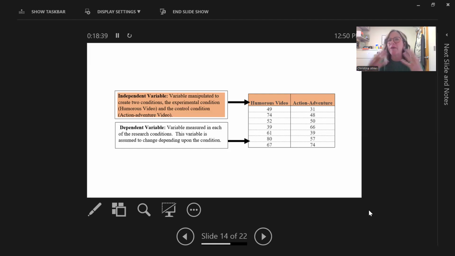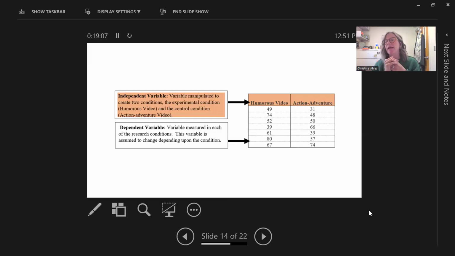So for some reason, maybe they think humorous video increases some outcome variable. It doesn't even matter what that outcome variable is, because what you need to see is that both of these groups, both of these conditions, are measured on the same thing. So whatever that outcome is.